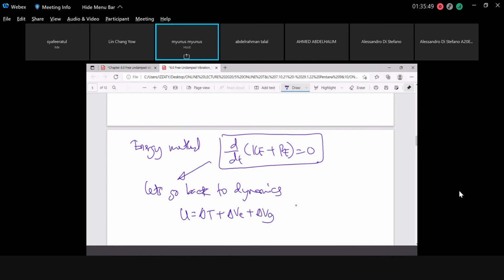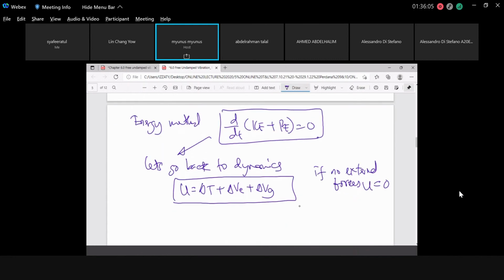Right, isn't it? This is what you have done in dynamics. But if there are no external forces, U becomes 0. Correct or not? So now 0 equals delta T plus delta VE plus delta VG.